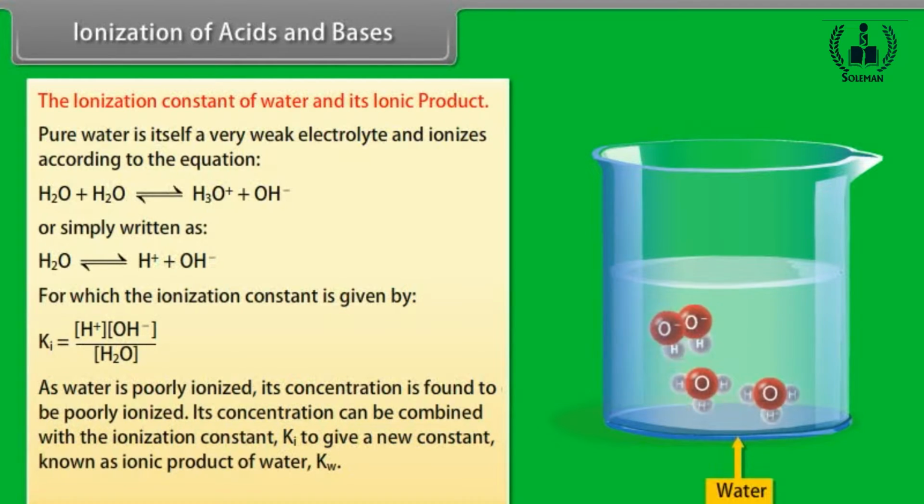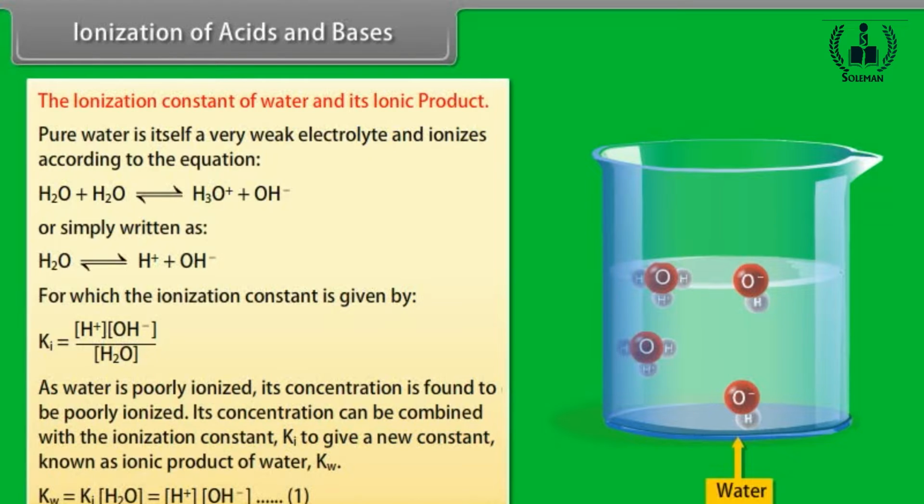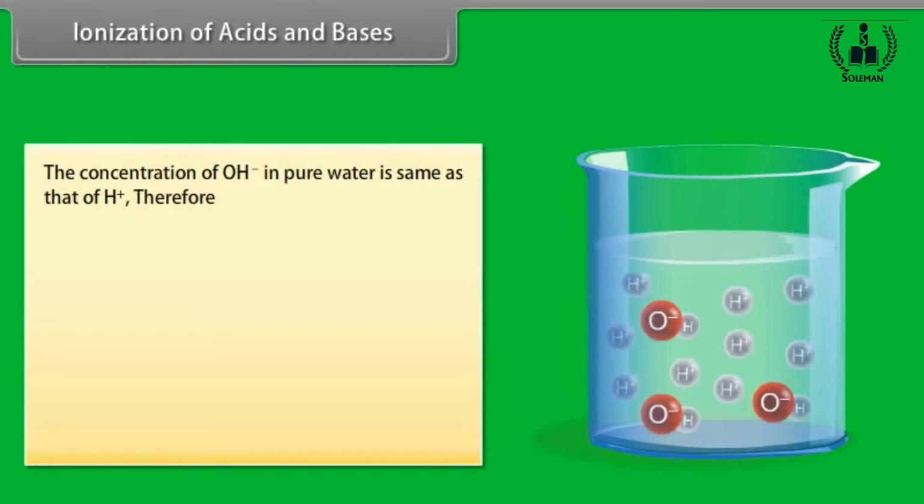Its concentration can be combined with the ionization constant, Ki, to give a new constant, known as Ionic Product of water, Kw. Name it as equation 1. The concentration of OH- in pure water is same as that of H+. Therefore, Kw is equal to H+ square.